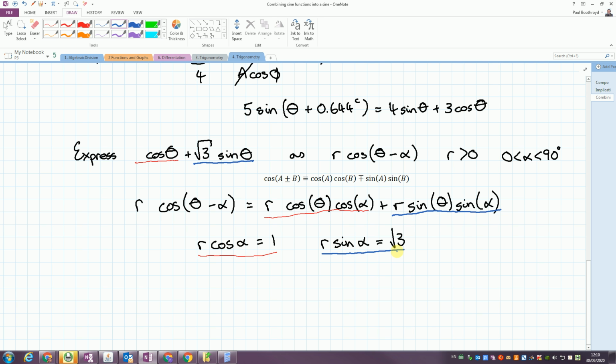Square both sides. Now, AQA used to insist that you didn't just take the two numbers and square them and add them together and square root. They used to insist that you did r squared cos squared alpha plus r squared sine squared alpha is equal to 1 squared plus square root of 3 squared.